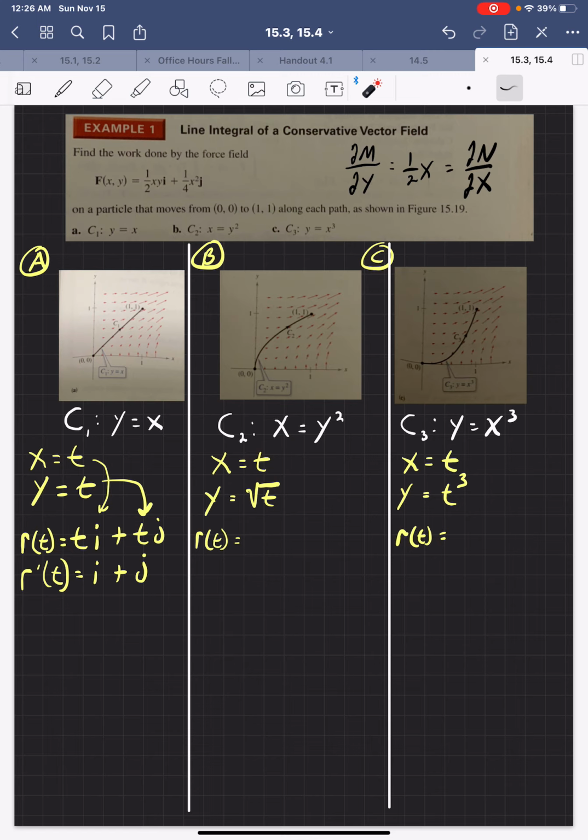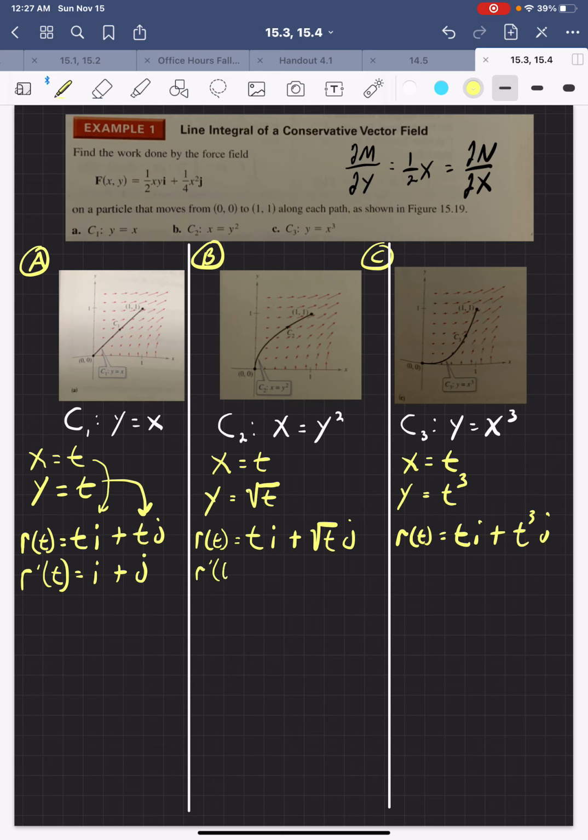Okay, now let's write r of t. For one, r of t would be ti plus the square root of t j. For the other, r of t would be ti plus t cubed j. And while we're here, we can take our derivatives.